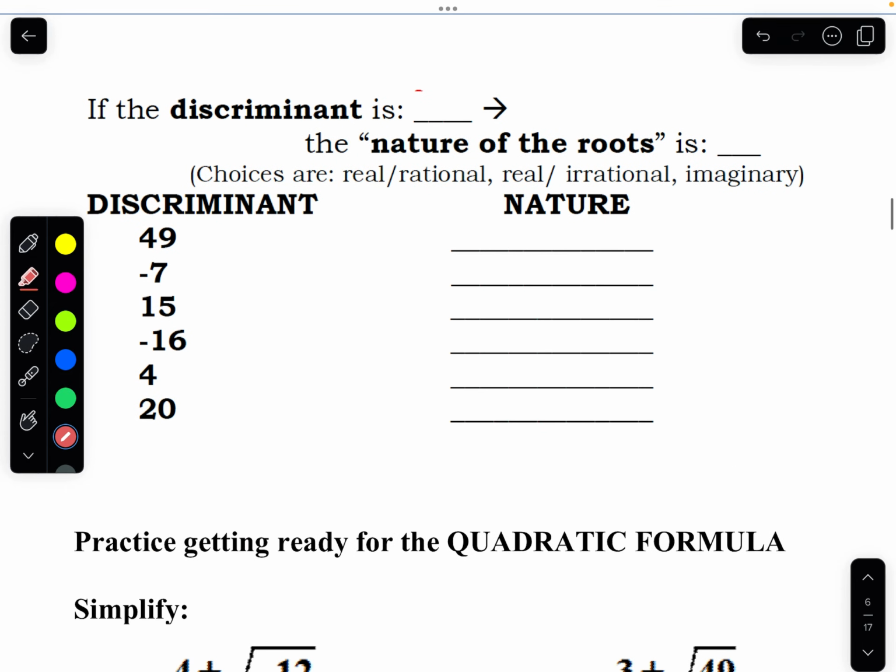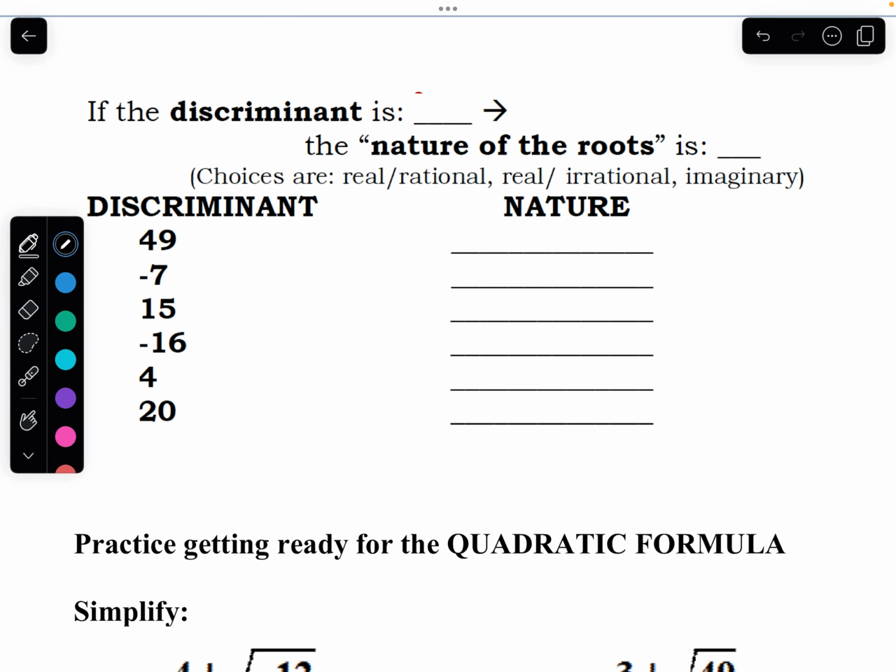Now let's classify these. Our perfect squares here are 49 and 4. In that case, we're going to have two real rational solutions. Think of rational as nice. For the negatives, whether they're perfect squares or not, we don't care.